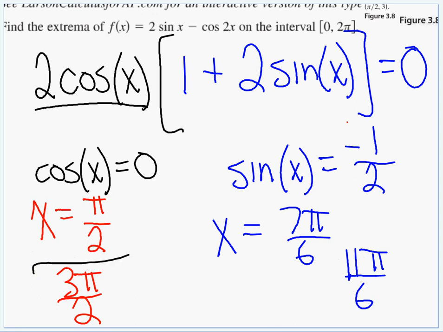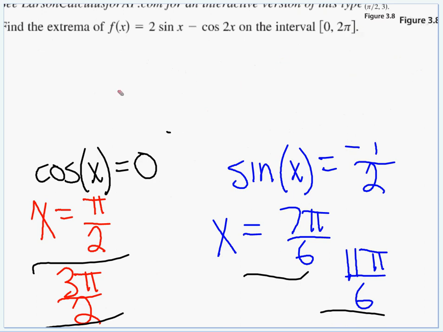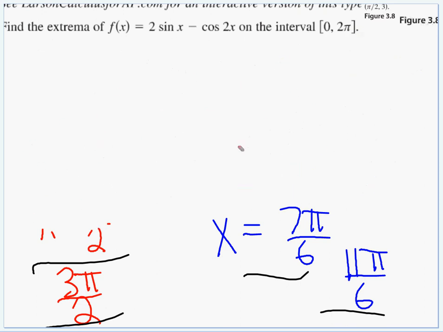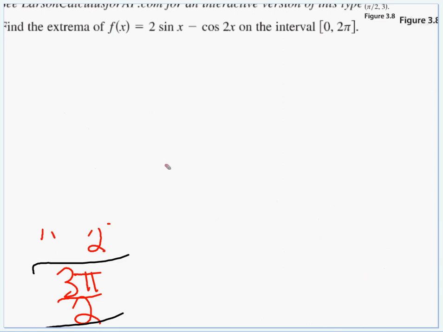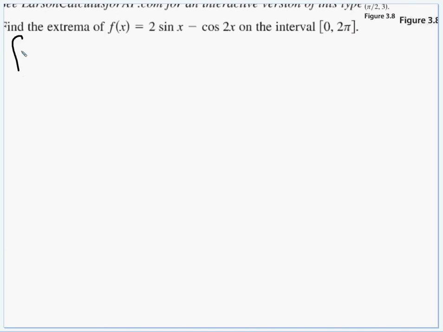So I believe in the notes there's a little box that goes with this, but I'm going to do it the way I did before with the function notation. We're going to do f of our left endpoint, 0, see what that is, and then f of our smallest critical number, pi over 2.